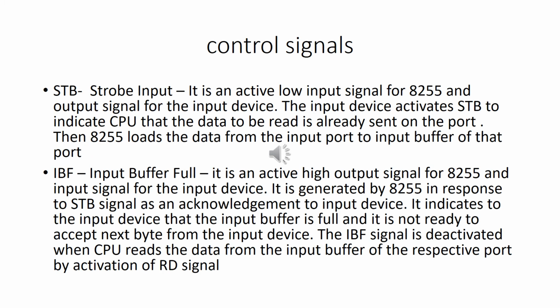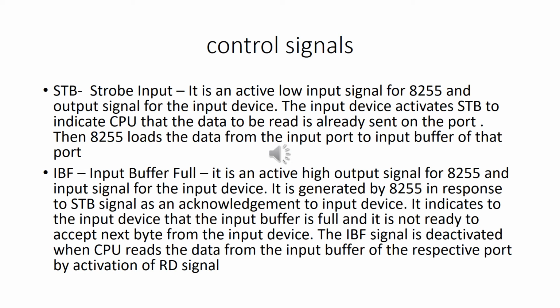Now let us see the control signals. Strobe input STB and input buffer full IBF. STB is an active low signal for 8255 and output signal for the input device. That means when we connect the input device to 8255, STB is used. The input device activates STB to indicate to the CPU that the data to be read is already sent to the port.